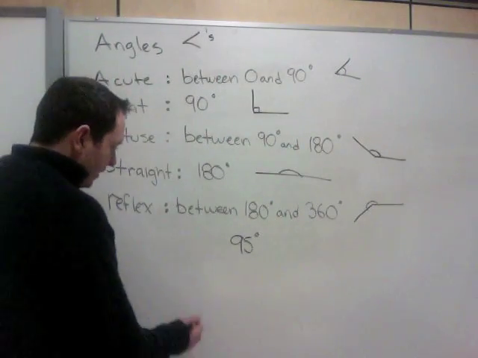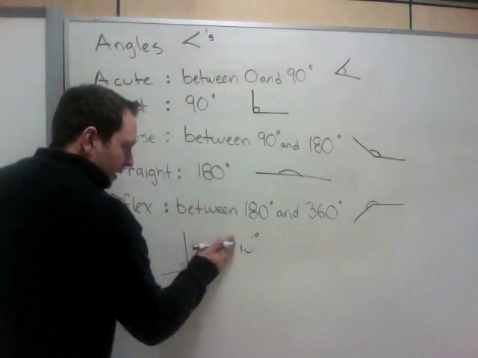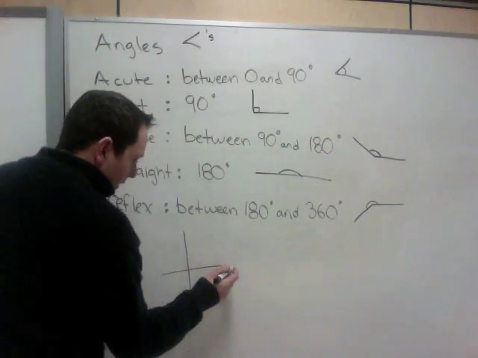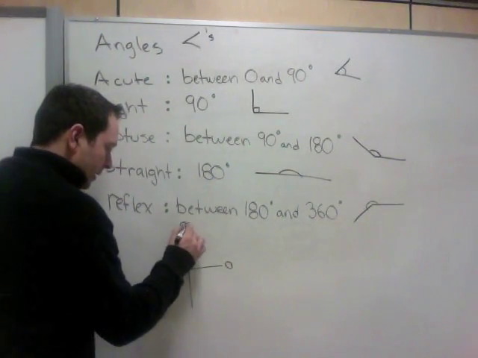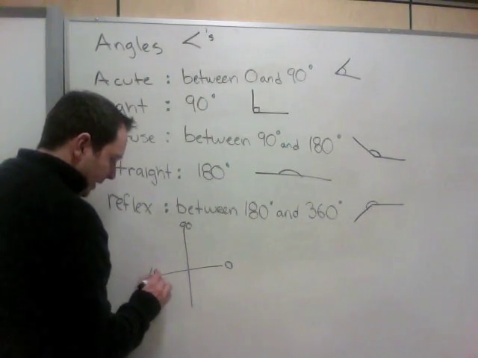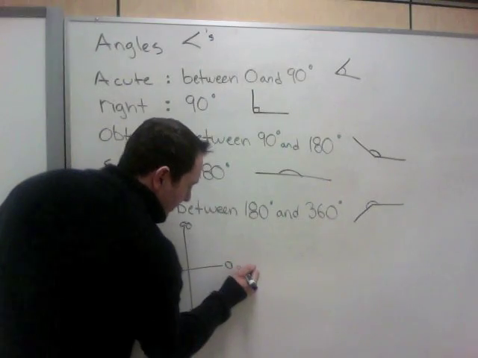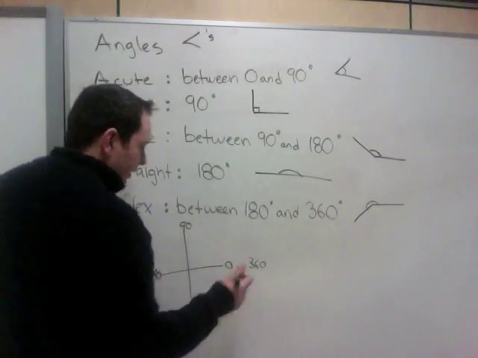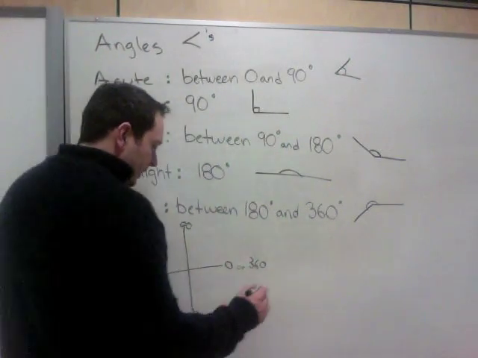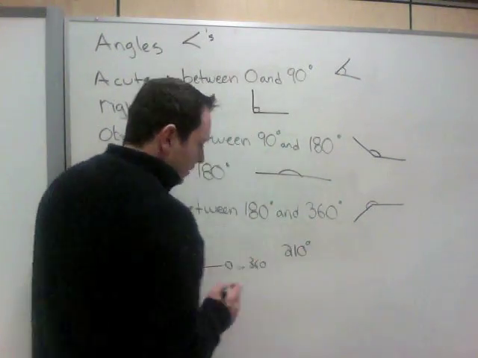They may also draw this on a grid. And on a grid, we go 0, 90, 180, 270. And then if you continue to round, this could be 0 or 360. So if they said, what is 210 degrees?